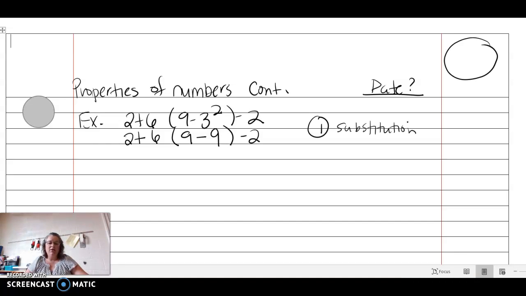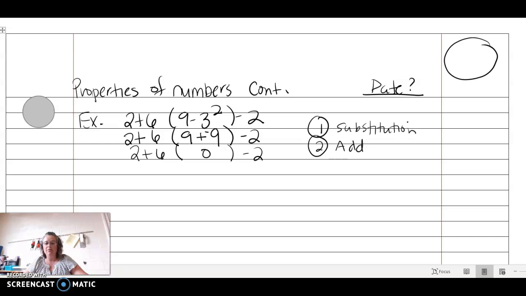All right, now continuing on, I have 2 plus 6 times (9 minus 9), which happens to be 0, minus 2. This is a fun one because we don't have a subtraction property, but subtraction is the same thing as adding a negative. Well, now we have a property used here. Adding the negative 9 is your additive inverse property.